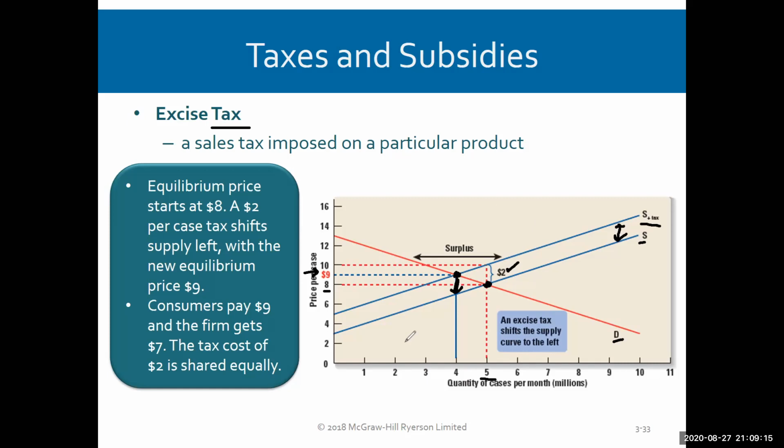They used to get 8, now they get 7, so they're also paying $1 of that $2 tax. So in this case, the tax cost to both producers and consumers is shared equally, $1 each, 50% each.